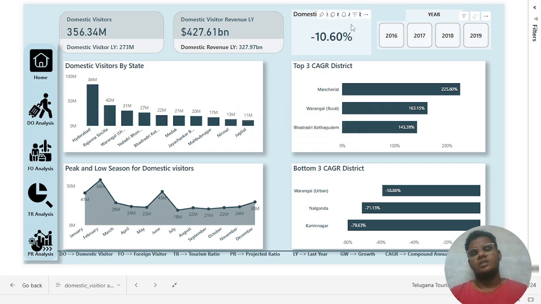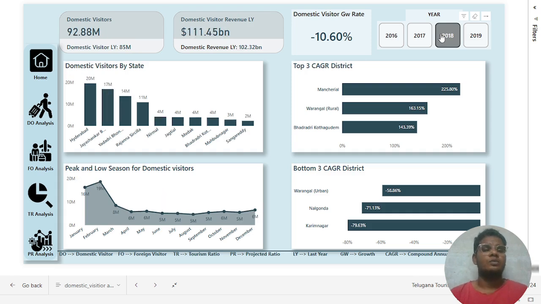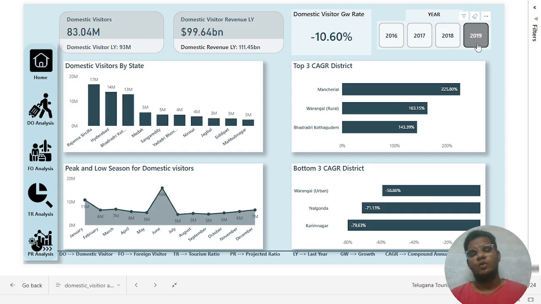And then domestic visitor growth rate is nothing but the local people visiting Telangana, compared to the last year. The present year has dropped, which means in 2018, 92.88 million people visited. In 2019, it dropped to 83.04 million.